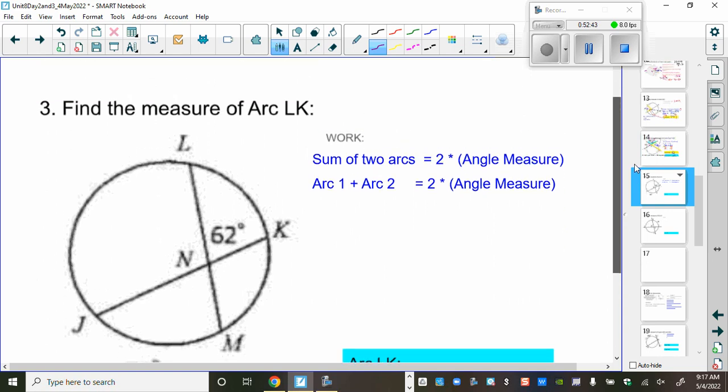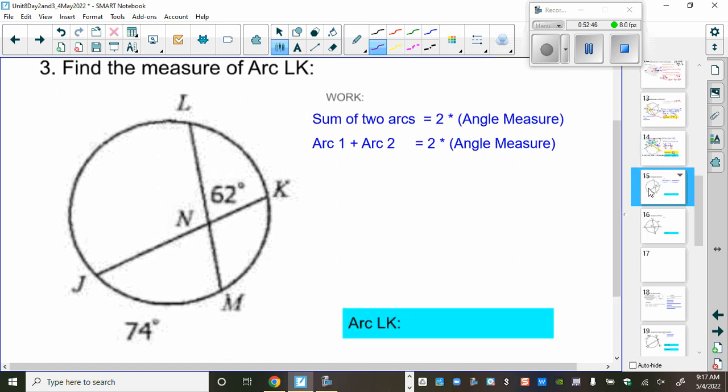Now, this is going to be a little different. Unlike before, you know how you had either two arcs? But now I only gave you an angle and an arc. So our goal is we need to find one of these two arcs.